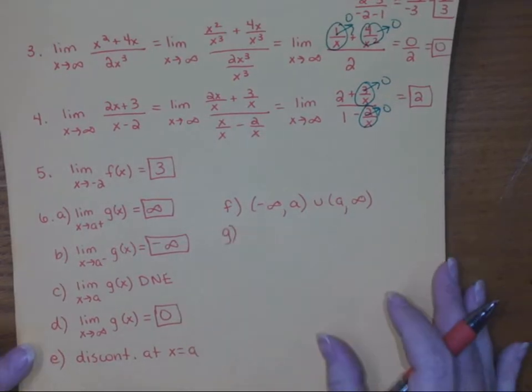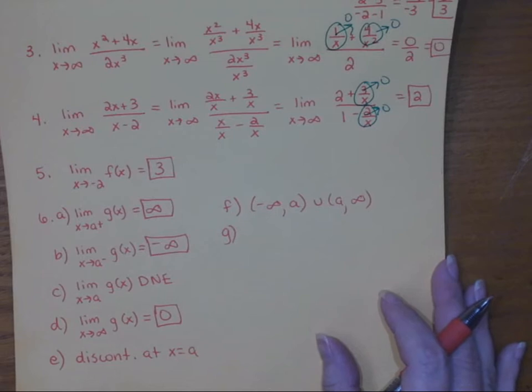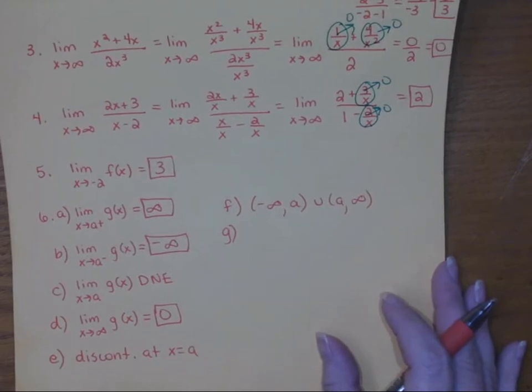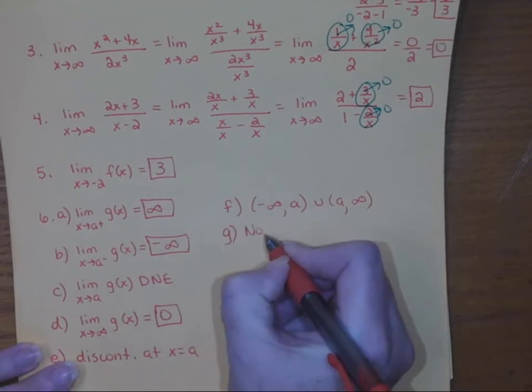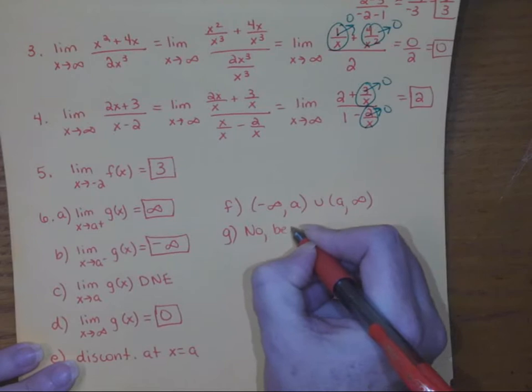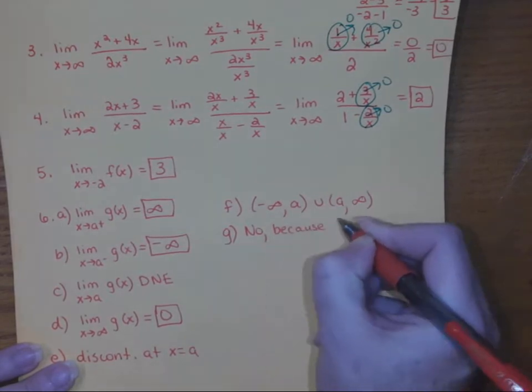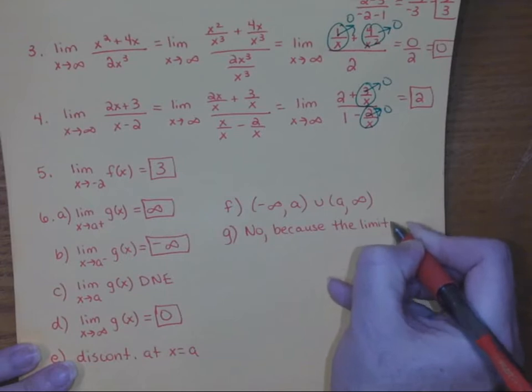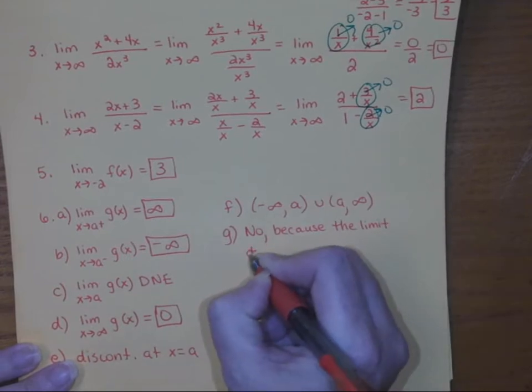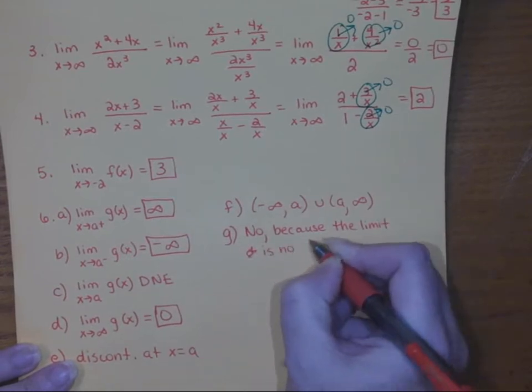And then the last question, is g of x differentiable at x equals a, yes or no? Remember, differentiable means we can find the derivative. And so the answer is no, we can't. And that is because the limit is not defined here.